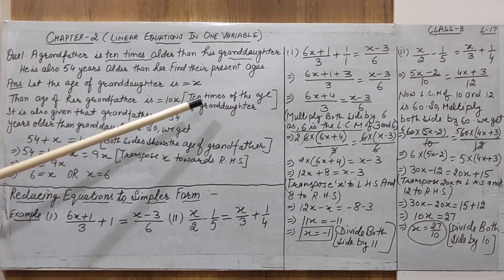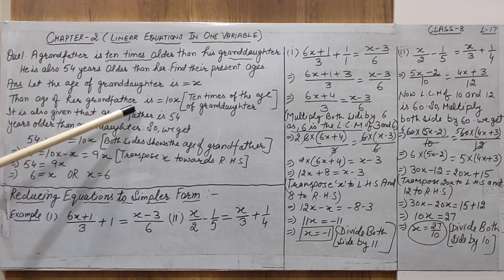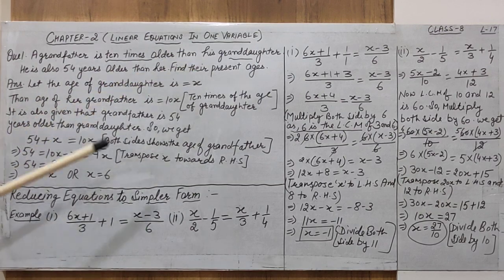So if granddaughter age is x, then grandfather is 54 plus x, because grandfather is 54 years older. 54 years वो बड़े हैं किससे? granddaughter से. This is the age of grandfather according to the second condition. This is the age of grandfather according to the first condition. Both conditions are given for the age of grandfather related to granddaughter.